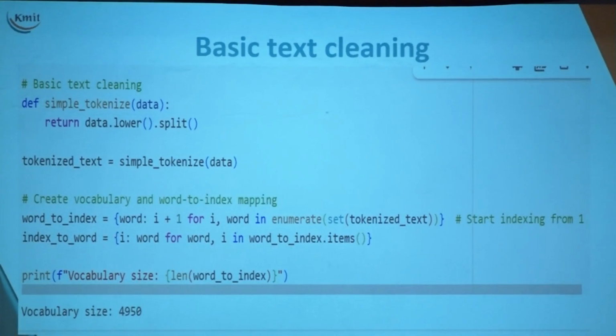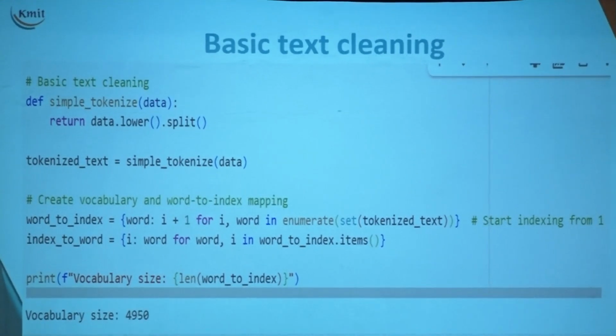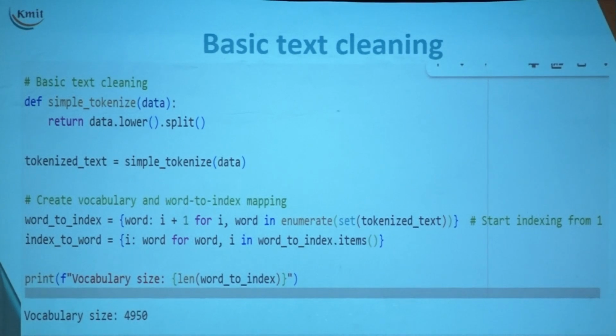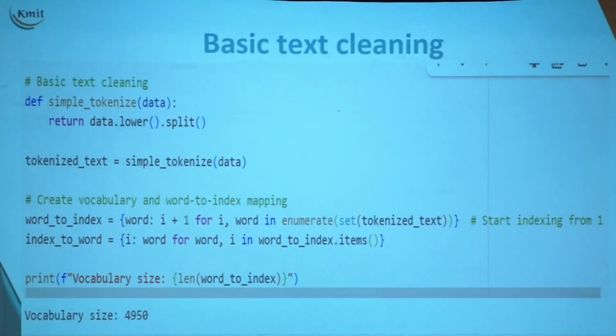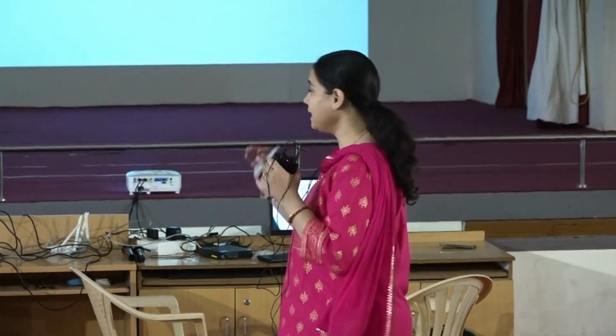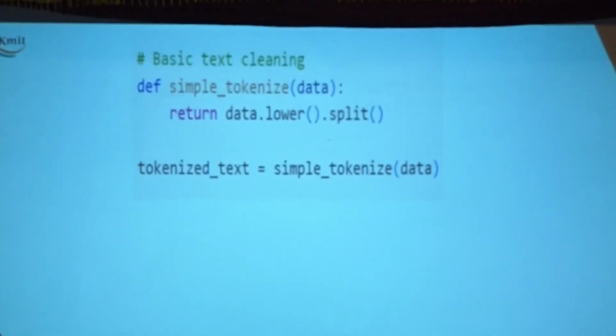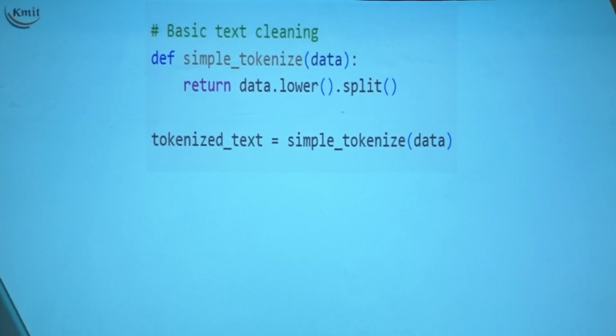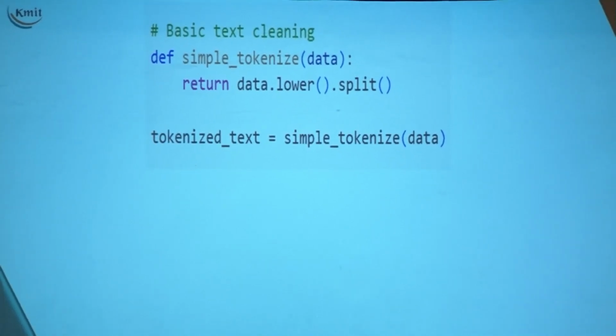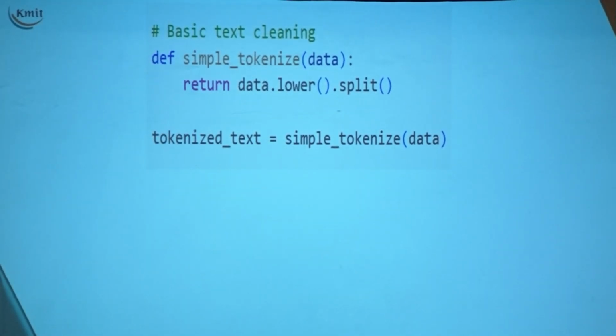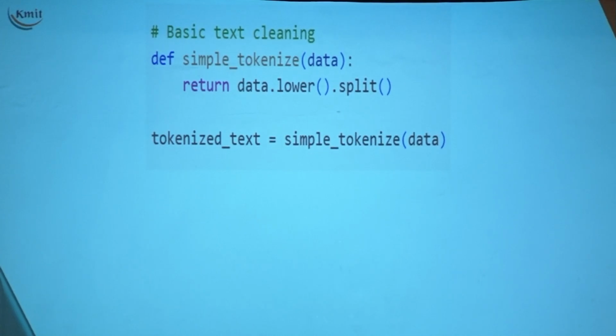So the next step is cleaning of our text, wherein I am going to generate tokens out of my given data. Let me go a bit by bit. For the first basic text cleansing, I start by defining a method for simple tokenizing. You all know what I am doing here.